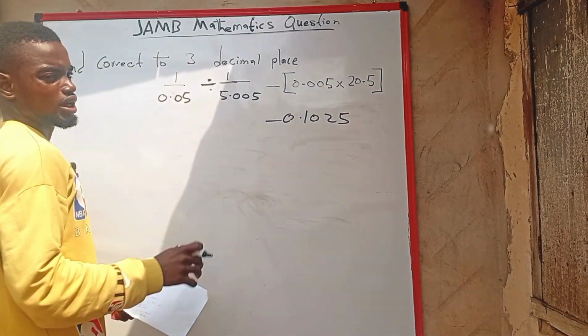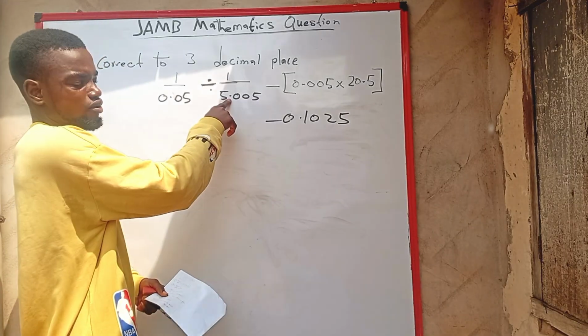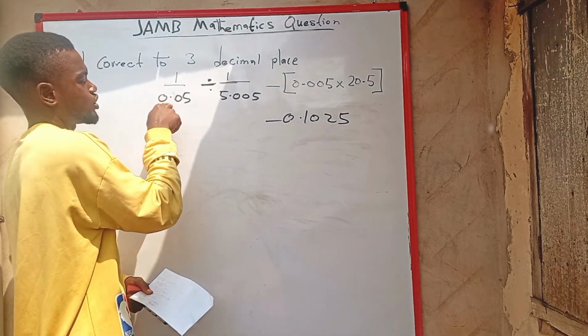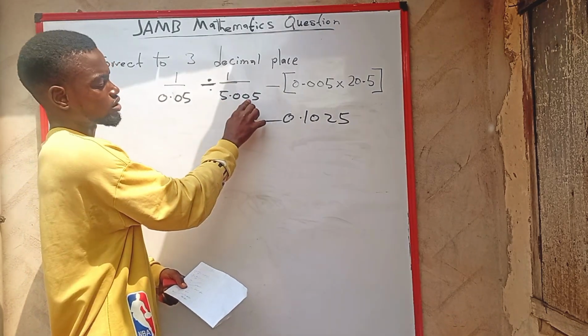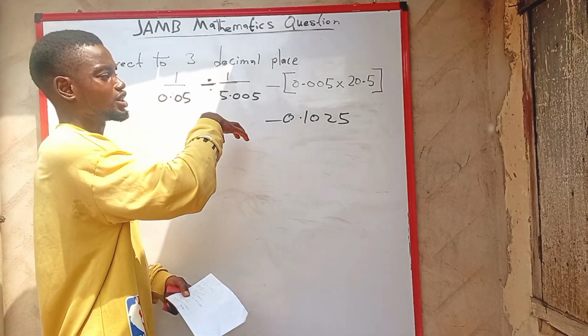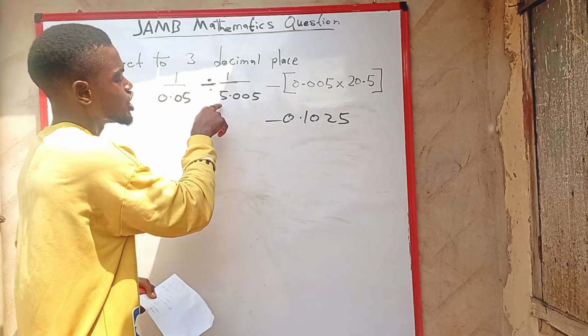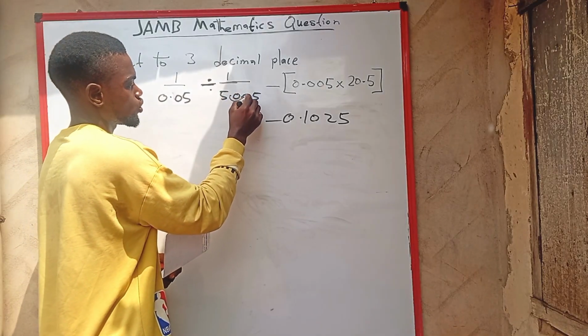Now coming to this place here, we have a problem and it's very easy to do. So here we have 5.005 and here we have 0.05. How many zeros do you think this was divided by in order to give us this 5.005? You have to replace that back the way it was in the initial fraction. So from here we count backward, 1, 2, 3.